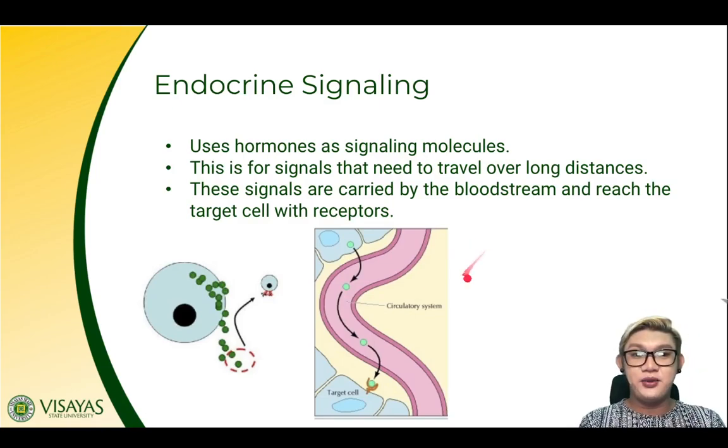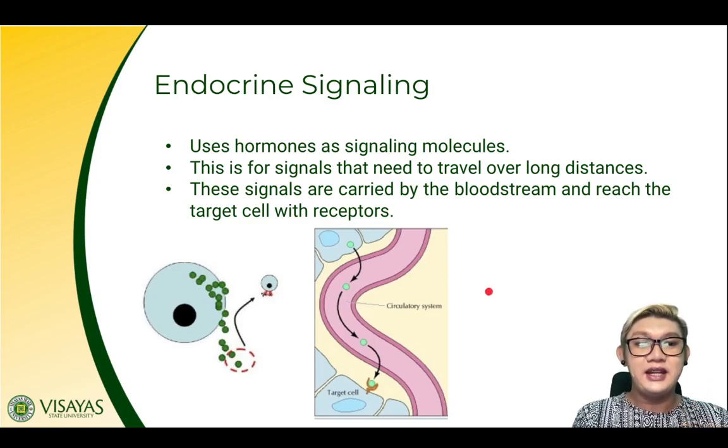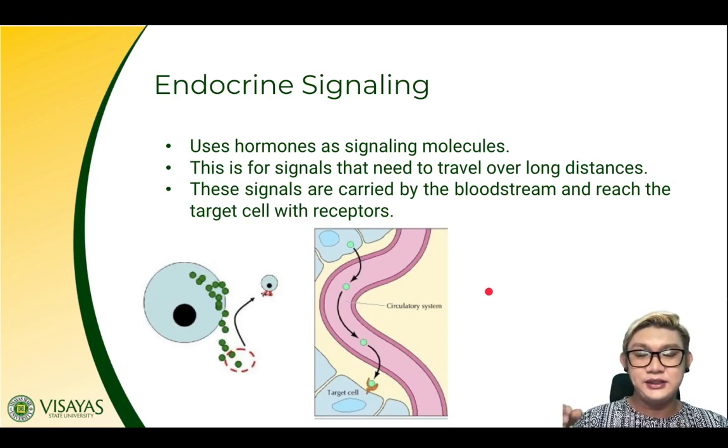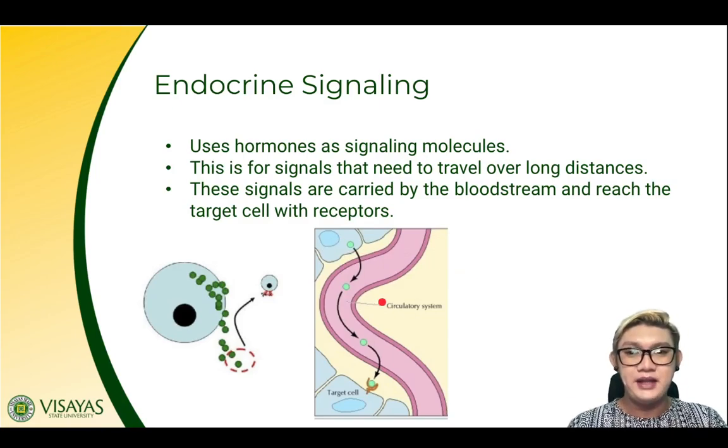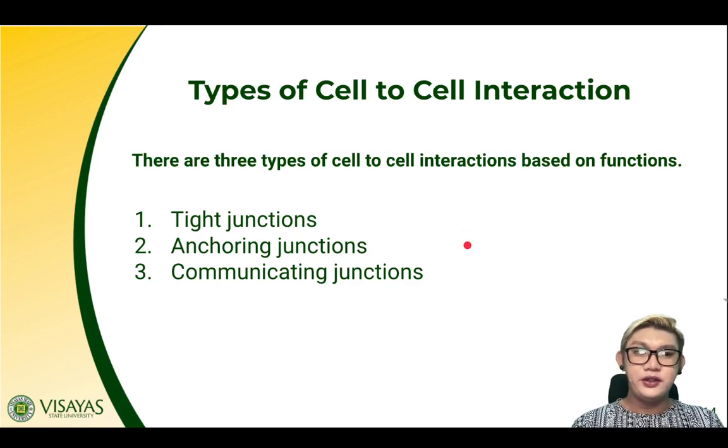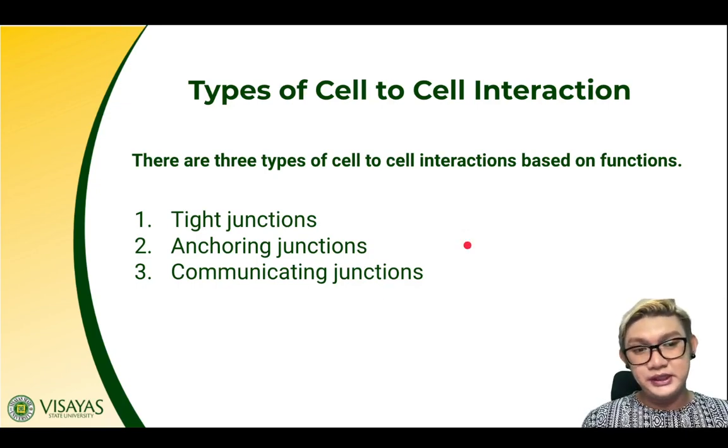So that is through endocrine signaling. From the brain to other parts of the body is a long distance, and the signal needs to travel via the bloodstream. So those are the different modes of cell signaling.